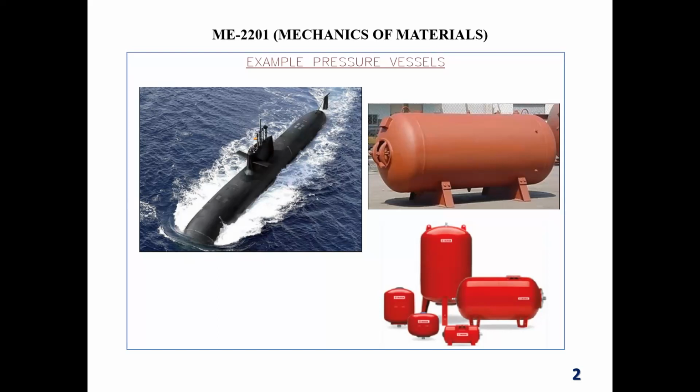So in this slide, you see a submarine. A submarine is also a pressure vessel, because when it goes under water, say to a depth of 2 miles, say this is the surface of the sea. So how much will the pressure be right over here? P equals H rho G. Similarly, some pressure will be over here.